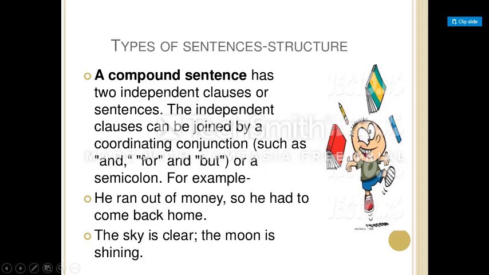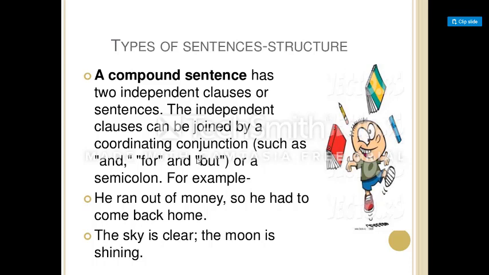Why are they called so? Coordinating conjunctions are those conjunctions which join sentences of equal rank or equal status, that is independent sentences or independent clauses. Means coordinating conjunctions join independent clauses, right?